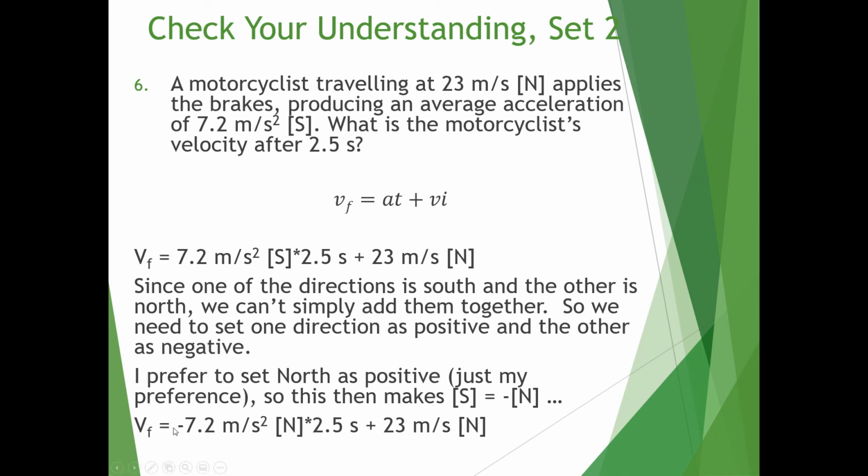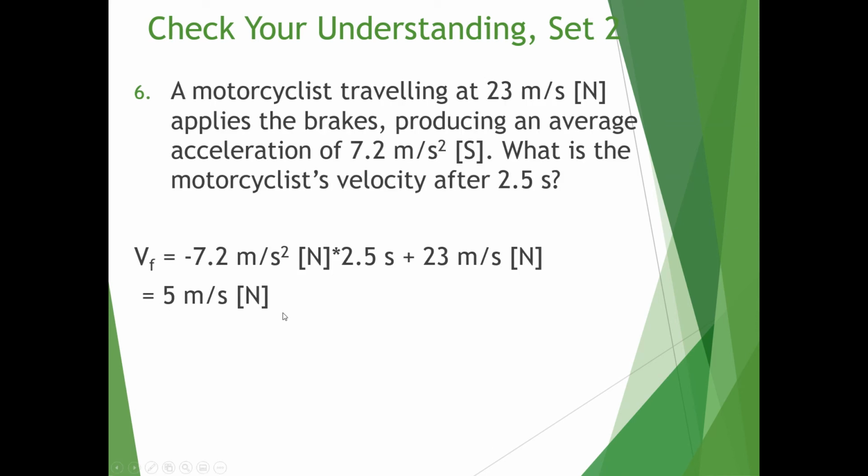So we've got final velocity equals negative 7.2 meters per second squared times 2.5 seconds plus 23 meters per second. And that gives us 5 meters per second north. Take a moment to be sure that you make a note that you understand that and that it makes sense.